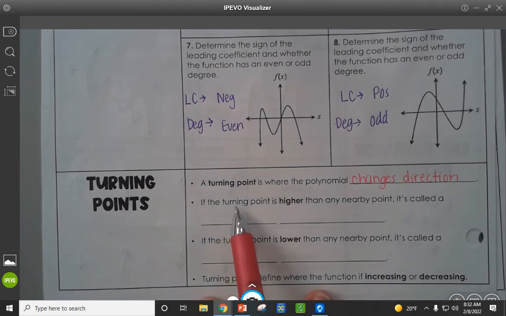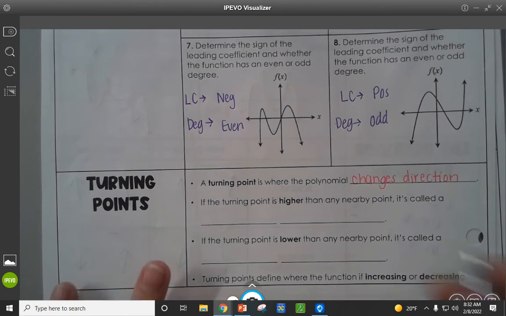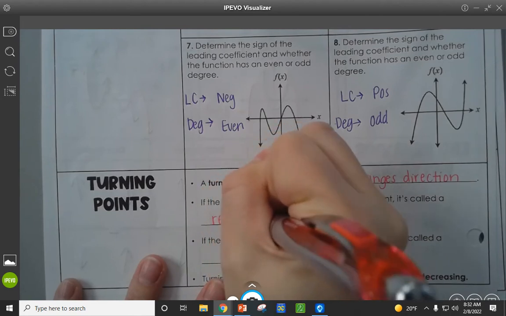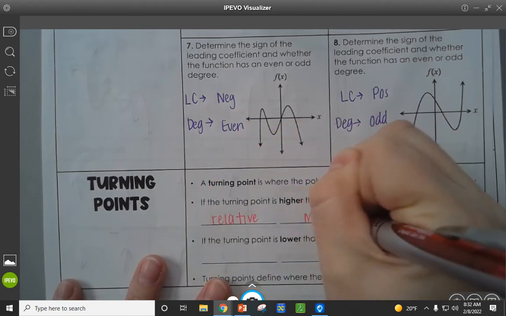If this turning point is higher, so it's a single point, if it's higher than anything around it, it's called a relative maximum.